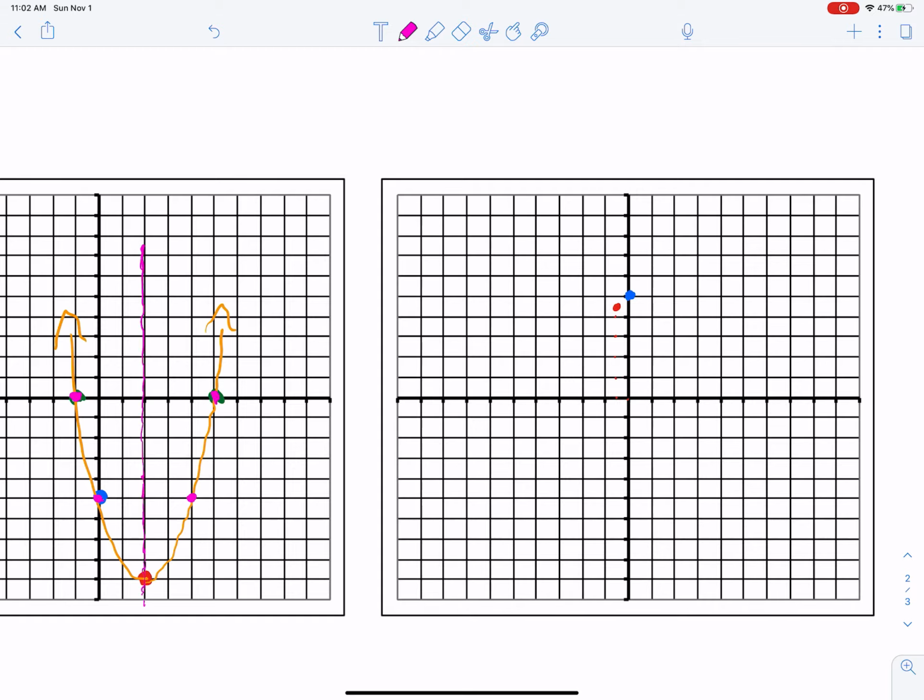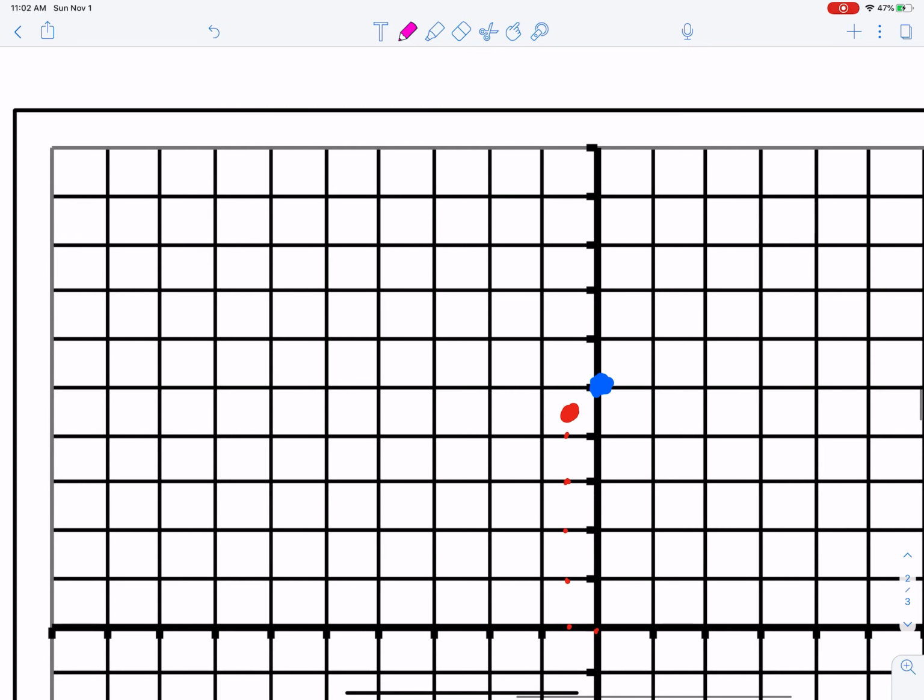So keeping that in mind, on our current graph we have a vertex right here and a point right here, so we're going to have another point at that same height on the other side of the vertex, right here.